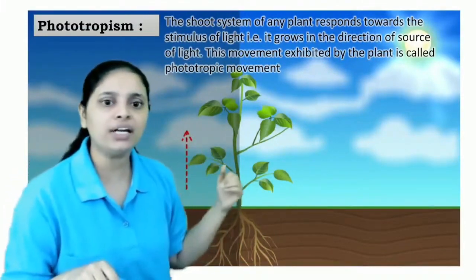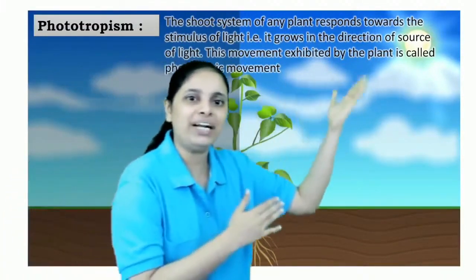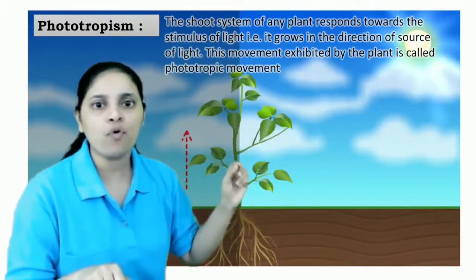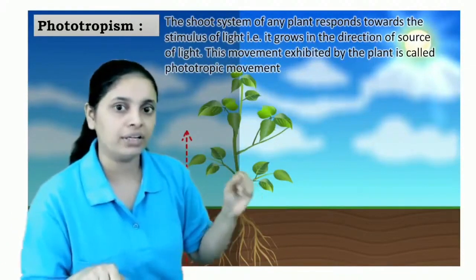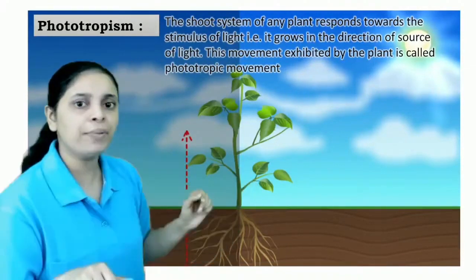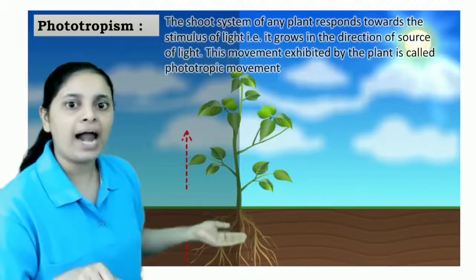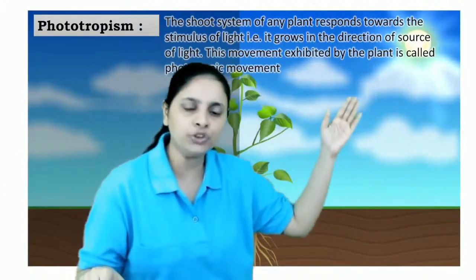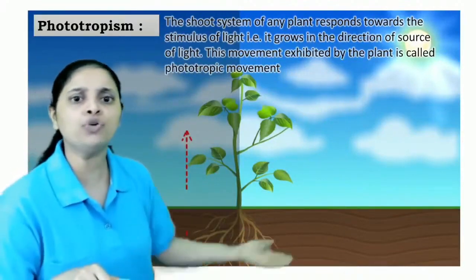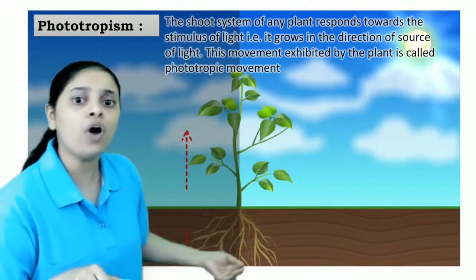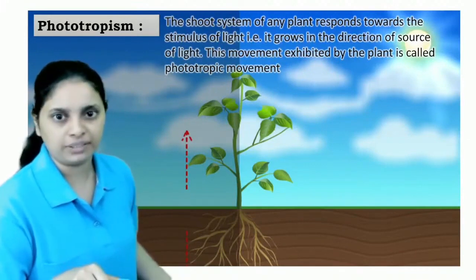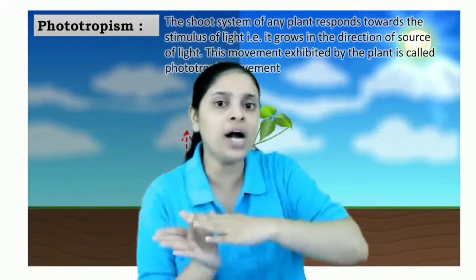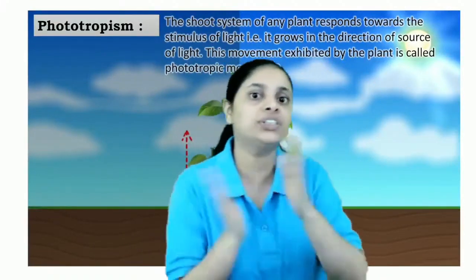Plant कैसे respond कर रहा है? Plant is basically bending towards the light source, right? So this will be the phototropic movement. Now, if we compare the stem and the root, stem will bend towards the light source, but roots will not go towards the light source. They will generally grow away from the light. So, if the movement of any plant part is towards the stimulus, it is known as positive tropism.